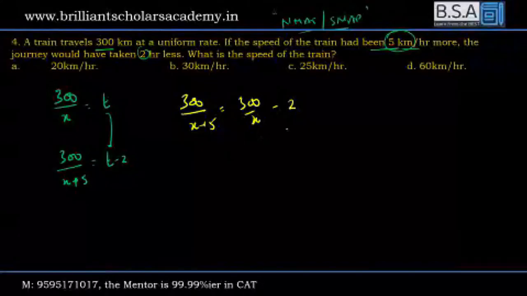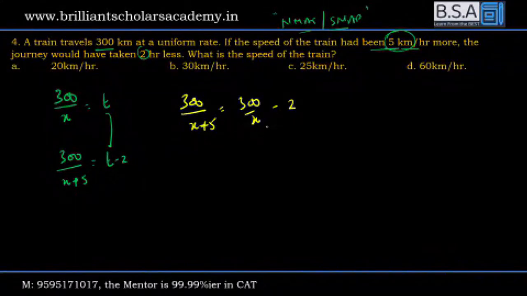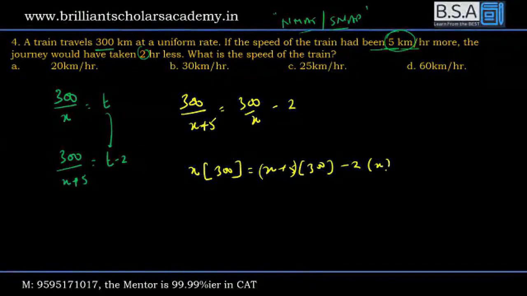So you are supposed to solve this. And if you observe, when I cross multiply with x and x plus 5, this becomes x into 300. This becomes x plus 5 into 300. And this becomes minus 2 into x plus 5.